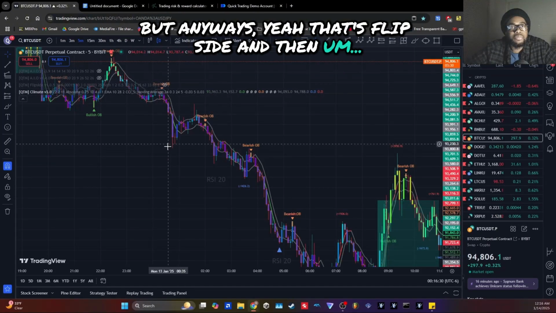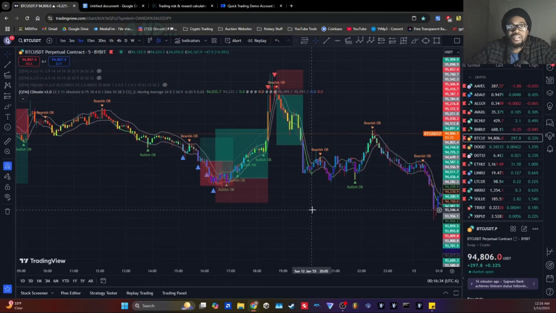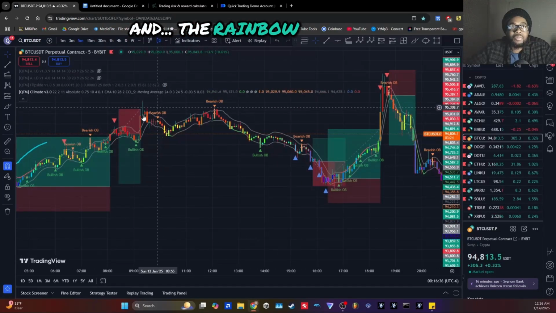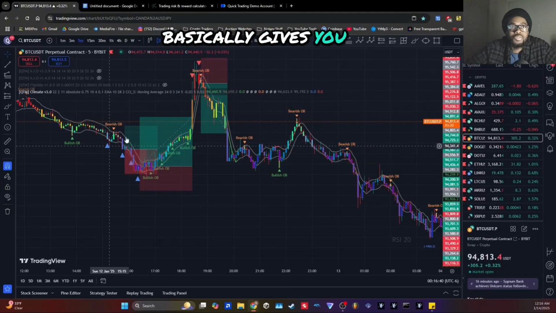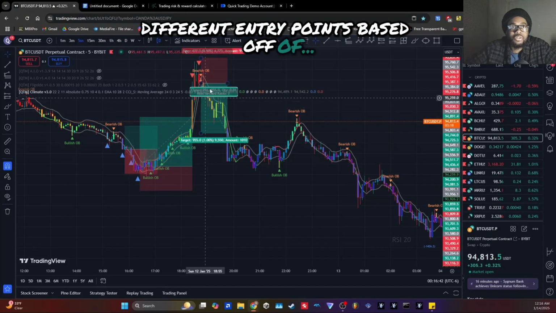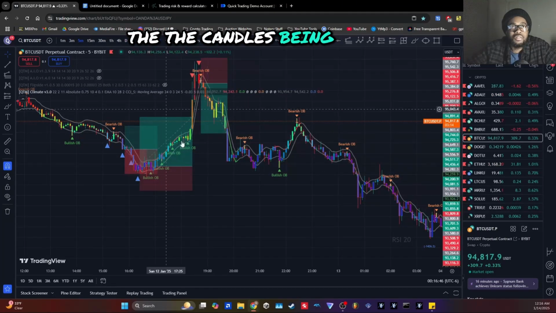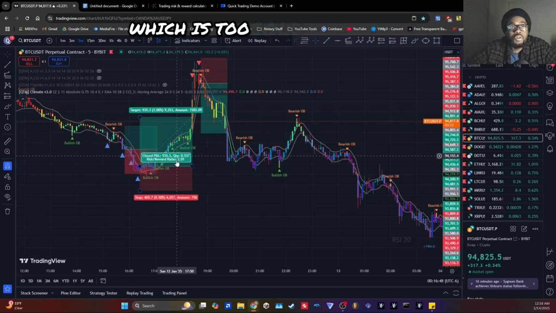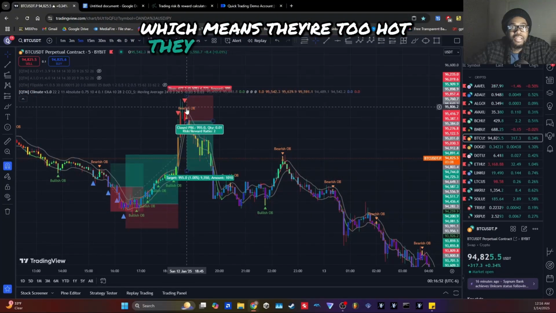And then this one right here is another one that's pretty cool. It's called Climate, and the rainbow candles look so pretty. But basically it gives you different entry points based off of the candles being oversold, which is too cold and they need to warm back up, or being overbought, which means they're too hot and they need to go back down.